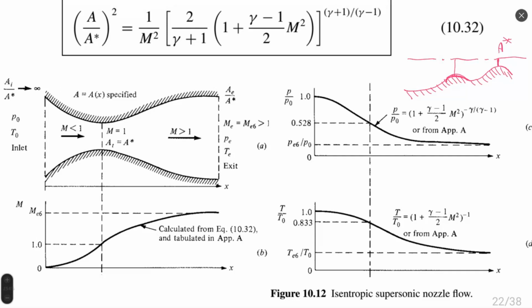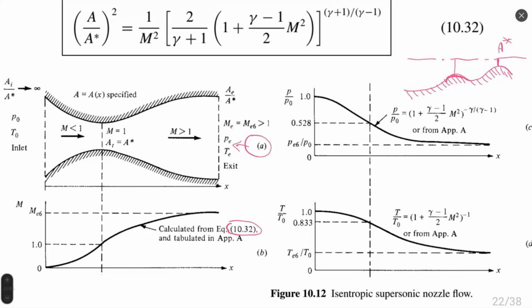So when we have this area function, as you can see in figure A, we can calculate this area ratio and solve the area-Mach number relation using equation 10.32, and obtain the distribution of Mach number in a nozzle.